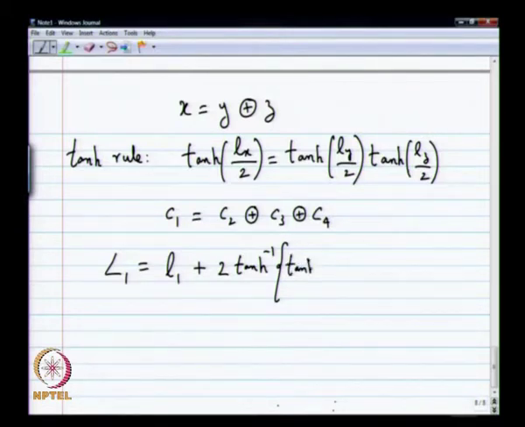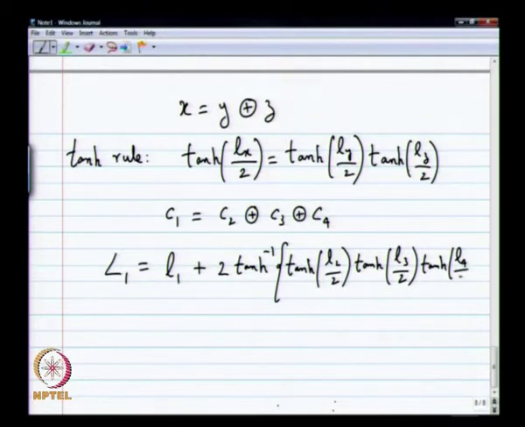Tan hyperbolic L2 by 2 times tan hyperbolic L3 by 2 times tan hyperbolic L4 by 2. Is that okay?